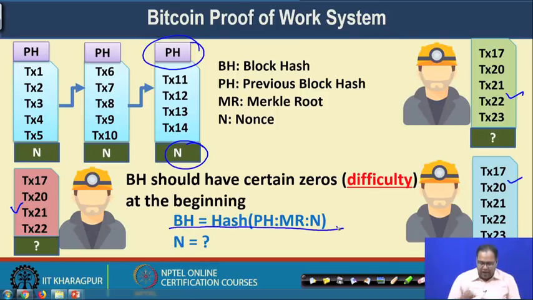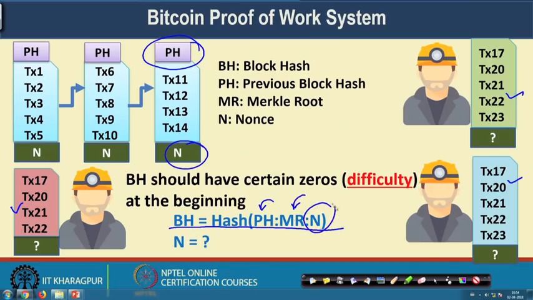So, this is the hash equation that they have to perform. You have the previous block hash, along with the Merkle root of the transactions. If you remember, all the transactions are arranged in the form of a Merkle tree, which is again a hash based architecture, and the root of the Merkle tree contains the root hash which we call the Merkle root.